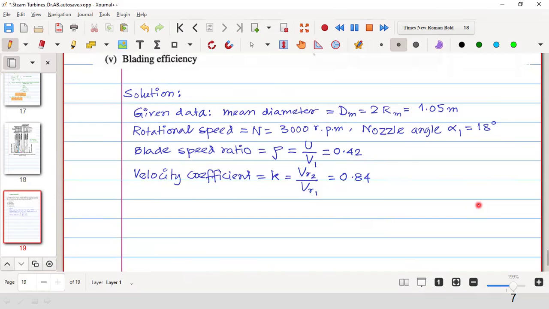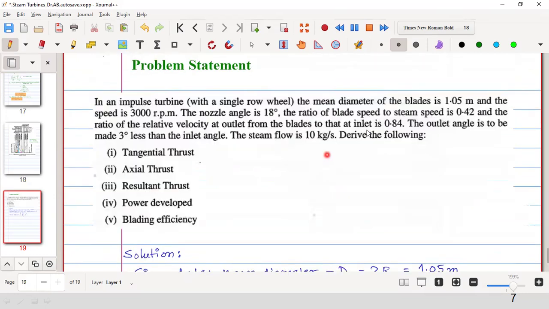Another thing that is given is the outlet angle is to be made 3 degrees less than that at the inlet.